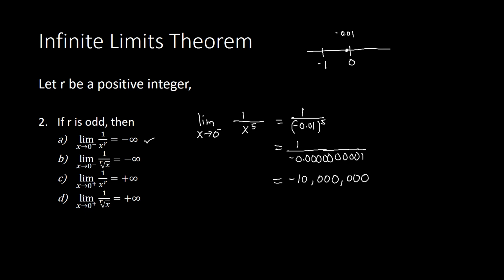Okay, so let me just write that one. That will be the value. If you try to add more zeros to that, it will become bigger and bigger. So automatically we're going to foresee that for 1 over x to the power of 5, the limit as x approaches 0 coming from the left side will be a negative infinity.